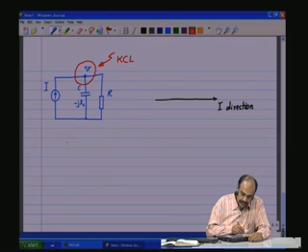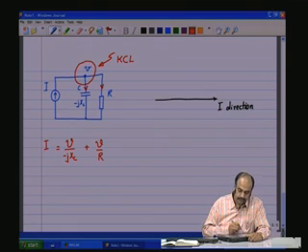Now, if we apply KCL there, V by minus j x c, that is the current through the capacitance, plus V by R, that is the current through the resistance, should equal I. Isn't it?